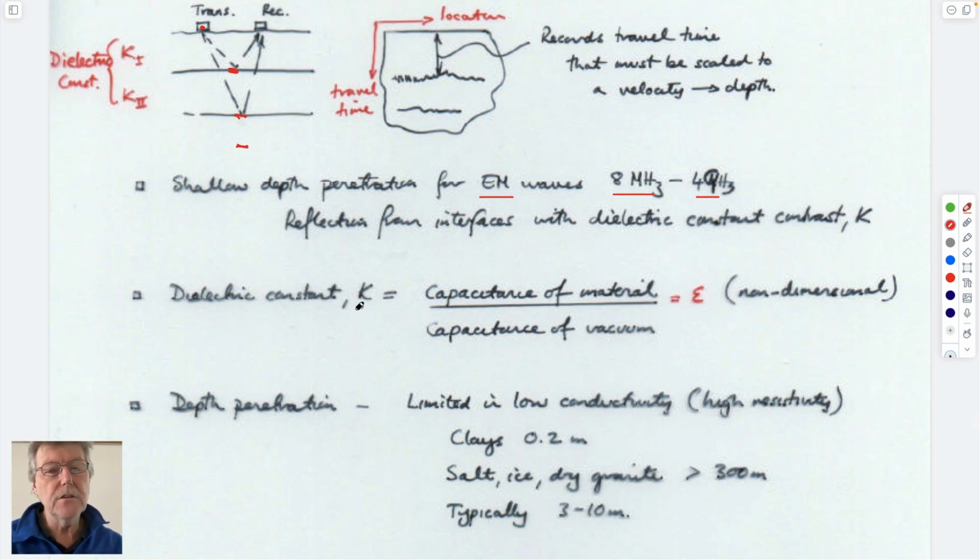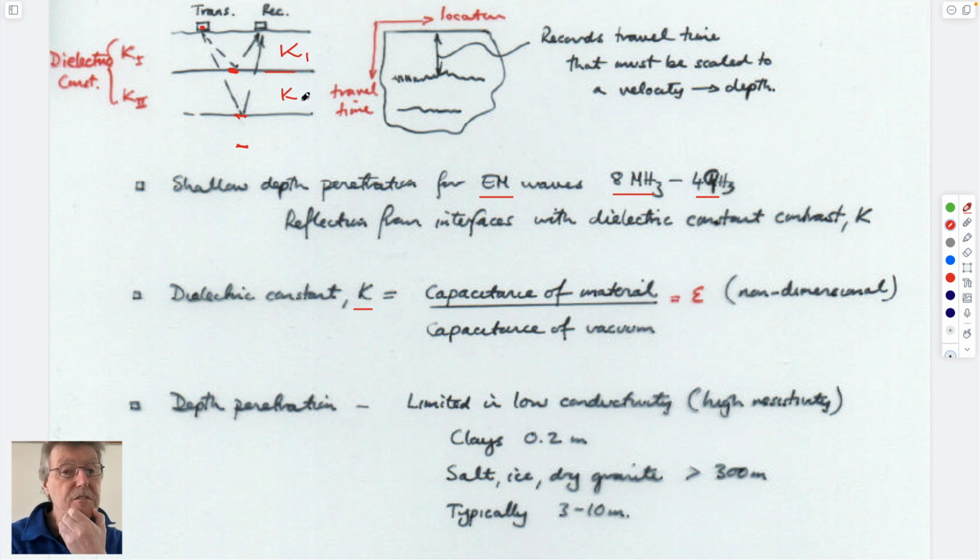It depends on the dielectric constant of the material in the subsurface, which is the capacitance of that material over the capacitance of a vacuum. And differences in the dielectric constant of different materials give you an interface. If they're all the same material, there'll be no reflection.